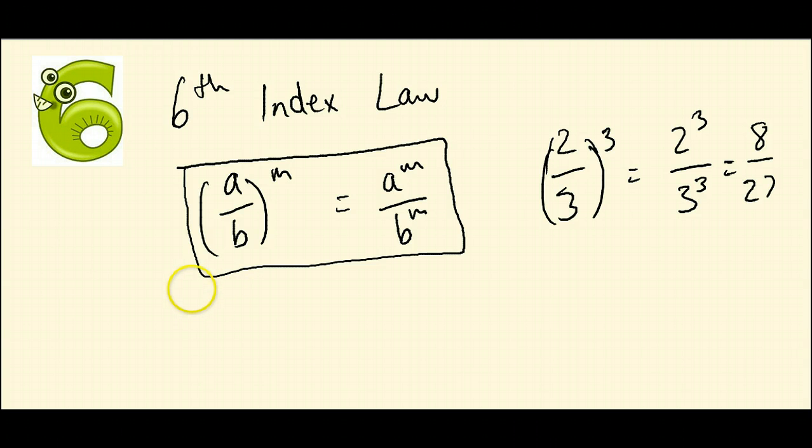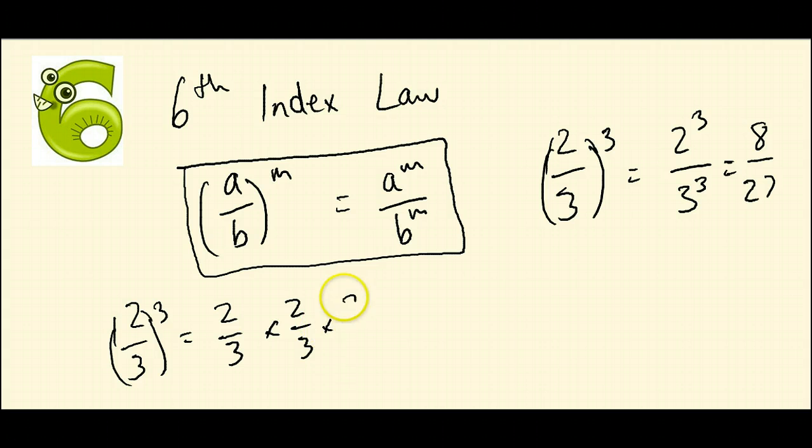Let's check if that makes sense. So if we've got 2 over 3 to the power of 3, then that's going to mean 2 over 3 times 2 over 3 times 2 over 3. Okay, when you're multiplying fractions, you do top times top and bottom times bottom.